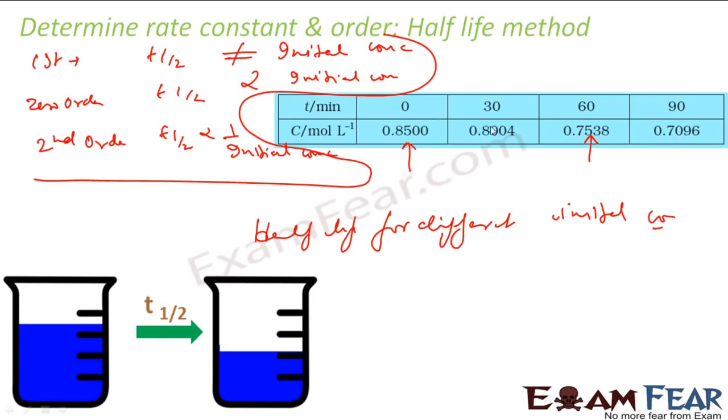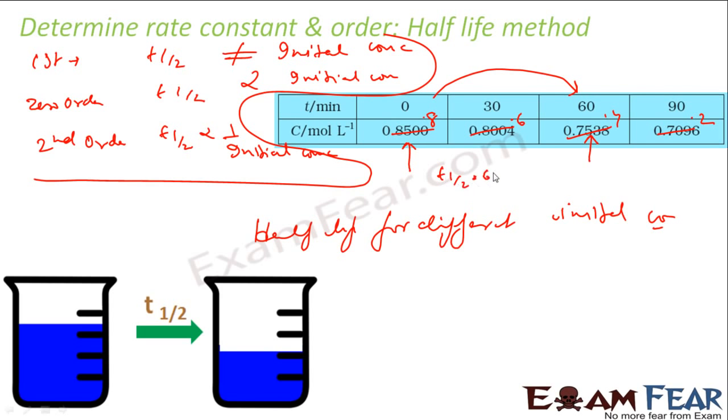Let's suppose I have data something like this. Let's suppose this is 0.8, this is 0.6, this is 0.4. If I take this as my initial data, half concentration is 0.4, and T will be what? 60 minus 0 is 60, right?